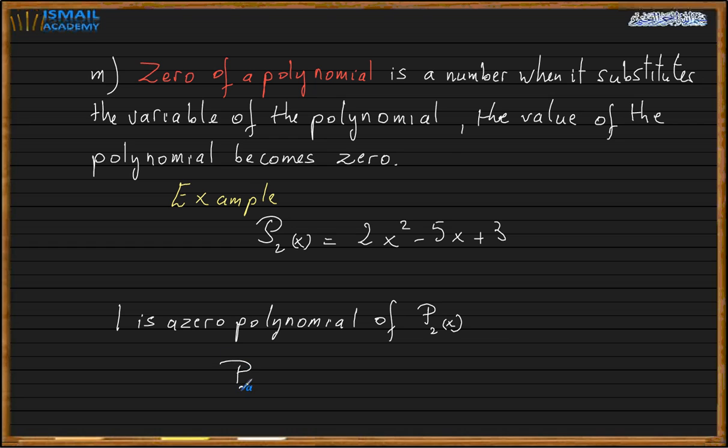If I choose p of 1, that means I substitute x by 1. I will have 2 times 1 squared minus 5 times 1 plus 3, which is equal to 0. So I just want to give you an idea about polynomials.